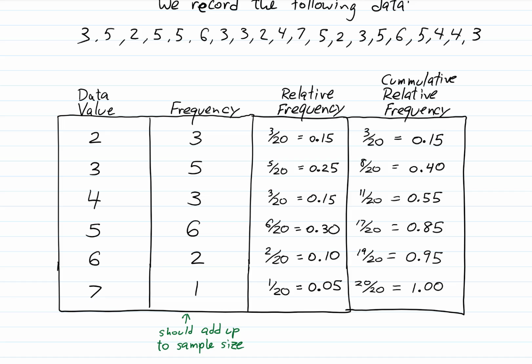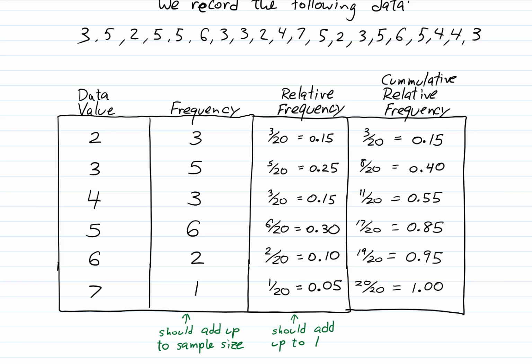If you do relative frequency, those should add up to 1. 3/20 plus 5/20 plus 3/20 plus 6/20 plus 2/20 plus 1/20 is 20/20, which is 1. Or if you're doing the decimals, 0.15 plus 0.25 plus 0.15 plus 0.30 plus 0.1 plus 0.05 adds up to 1.00.